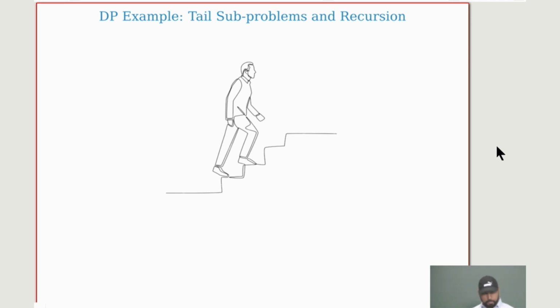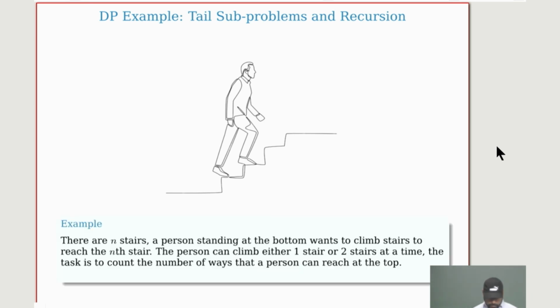Normally we go one step, or he can jump a step, so two steps at a time. There are n stairs, let's say. The task is to count the number of ways that the person can reach the top.